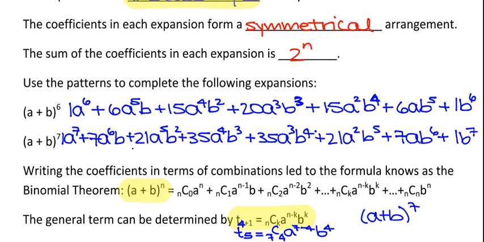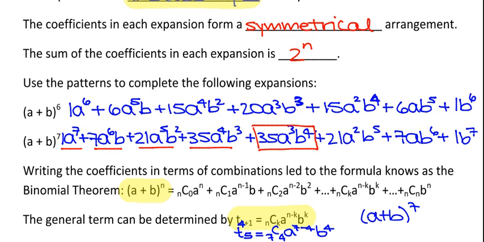And if we look up here really quick and we count out our fifth term, 1, 2, 3, 4, 5, you'll see that if you evaluate 7c4 on your calculator, you'll get 35. 7 minus 4 gives us a cubed. And then we have b to the power of 4.